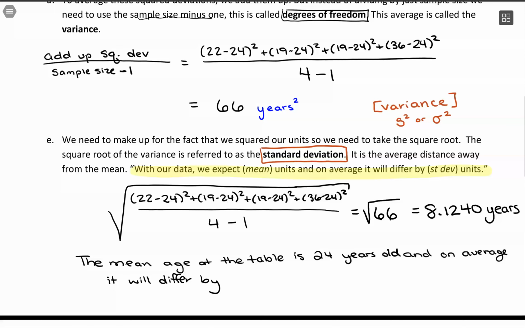Let's go ahead and round that to a whole number. Let's say about 8 years. So the mean and standard deviation should always have the same units, and that's how they can relate really nicely in a sentence. The mean is the idea of center, it's where we expect to land, and the standard deviation tells us on average how that value will differ.